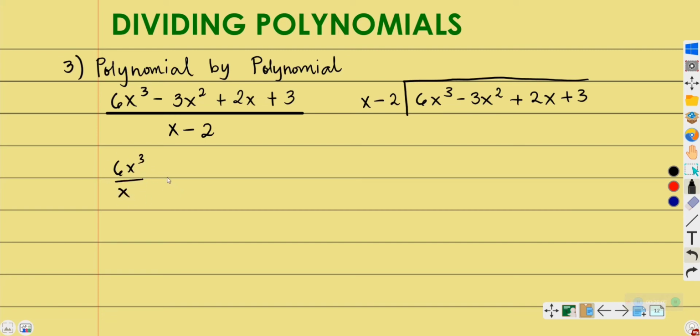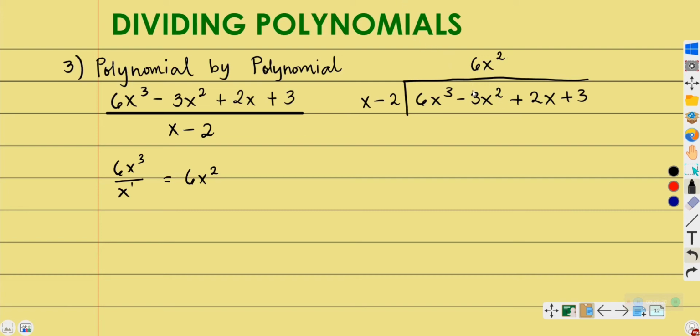So, ano bang magiging sagot natin dito, di ba? So, siya ay 6x raised to 3 minus 1, 2. 6x squared. So, yung 6x squared, isusulat mo dito sa taas nung x squared din, yung kasimilar term niya. So, 6x squared. Yan yung partial quotient natin.